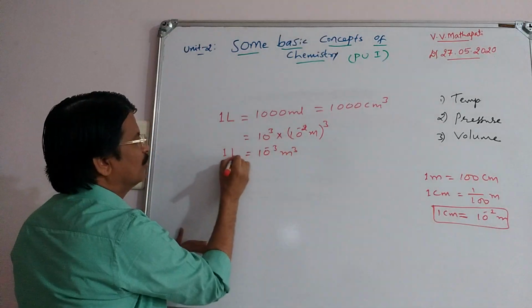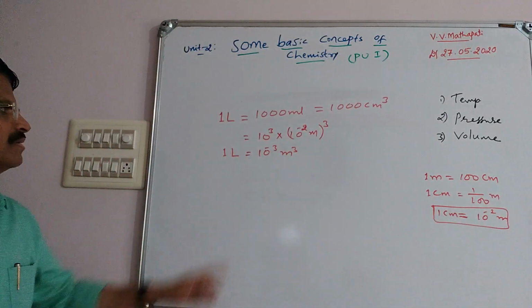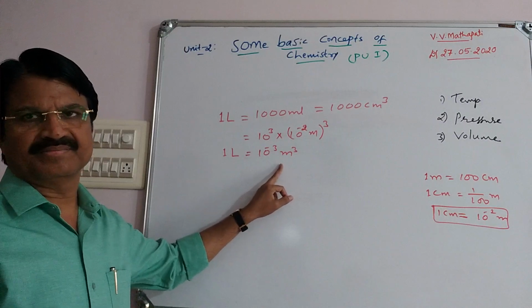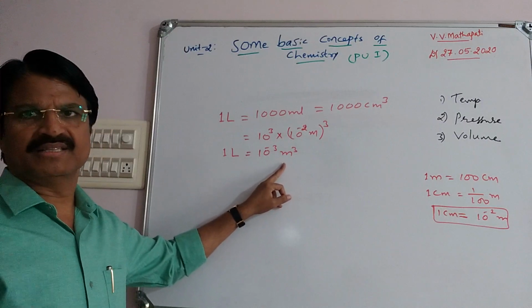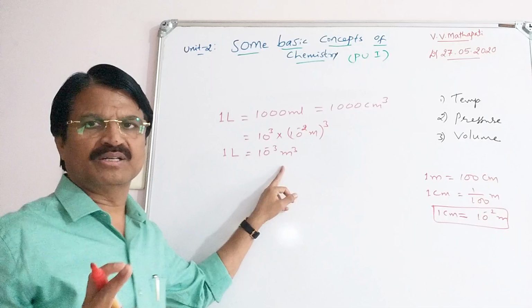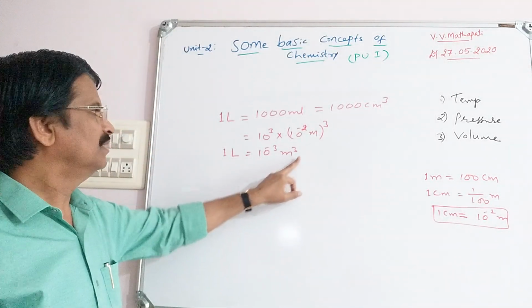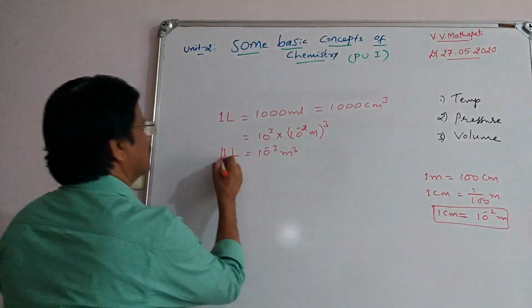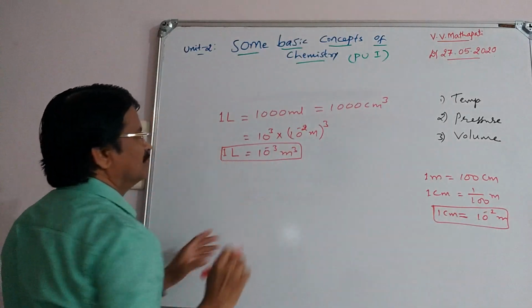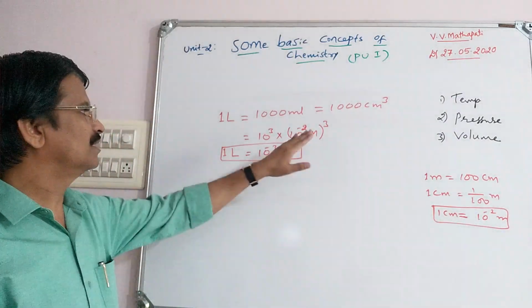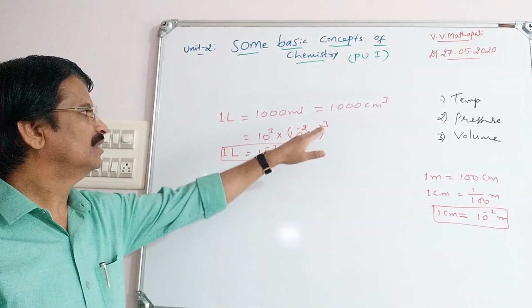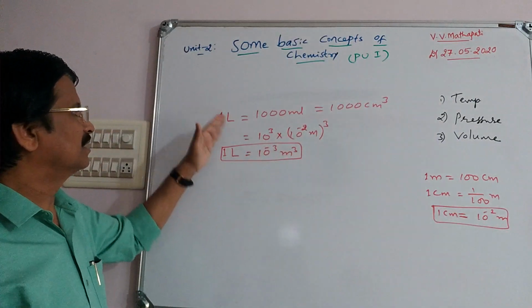This is 1 liter. The volume unit is m cube because length into breadth into height, L into B into H, is m into m into m, m cube. This is the SI unit. Conversion of centimeter to m cube means the conversion of centimeter to meter, and liter to m cube.